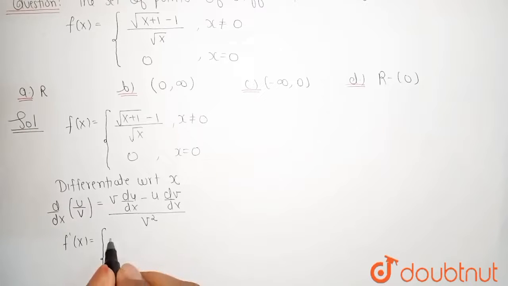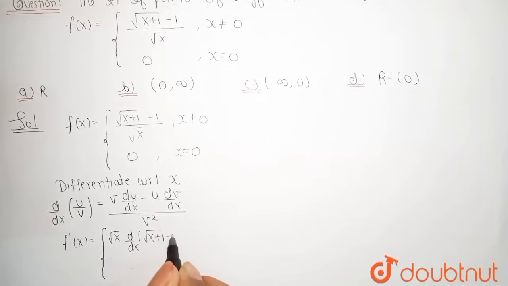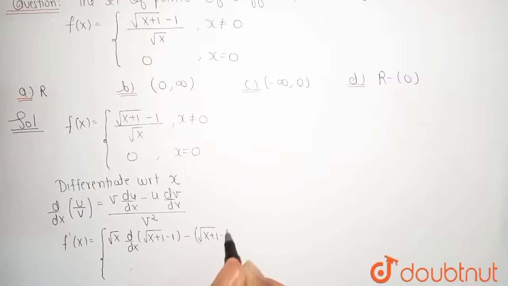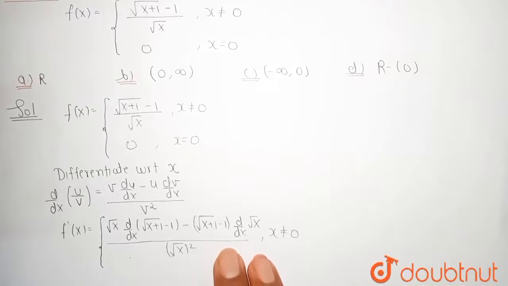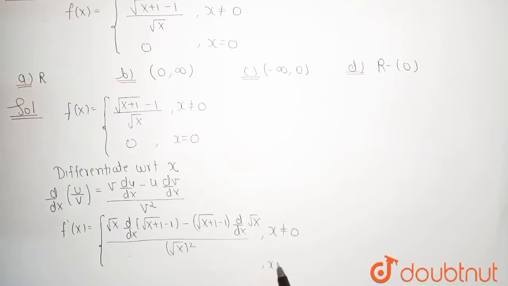Now in our case, f dash x is equal to: our denominator is root x, then differentiate the numerator, which is under the root x plus 1 minus 1, minus leave the numerator as it is, root x plus 1 minus 1, and differentiate the denominator. This whole term is divided by the square of the denominator, if x does not equal 0, and if x is equal to 0 our function is 0.